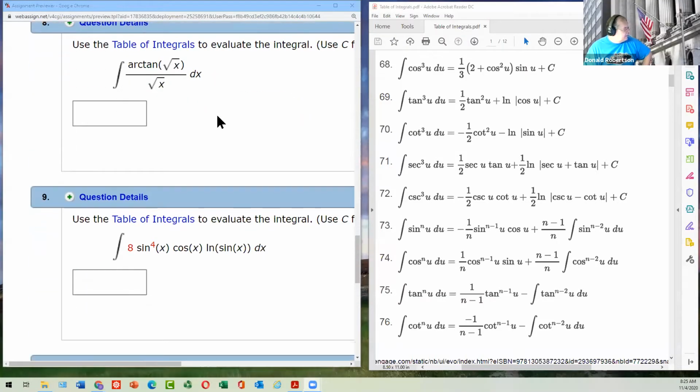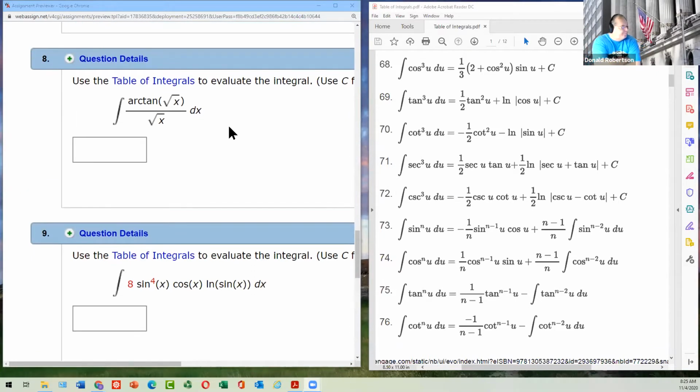Right, now, the last 3 questions. Question 8. You need a U sub. Give me a U sub, and it's a weird one that would work for question 8. Square root of x?